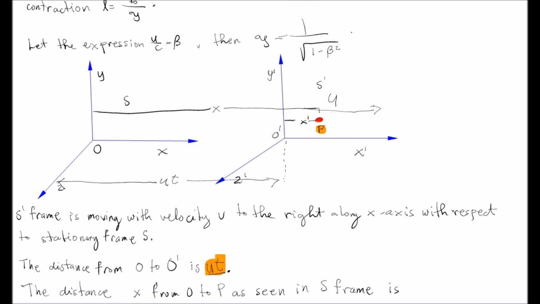Since speed equals distance over time, distance here is speed times t. Since the moving frame moves at speed u, the distance moved at a certain time t will be ut, and that is the distance between the two origins of the xyz axes. The origin is o, and the origin for the x prime, y prime, and z prime axes is o prime.